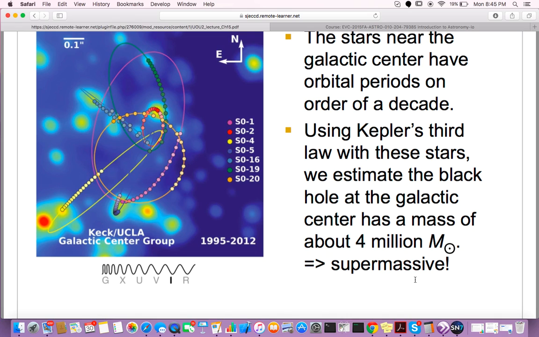According to Newton's law of gravitation, and in fact with the extension to Einstein's general theory of relativity, this mass cannot be lying around without collapsing into a black hole, since there are no forces in the universe that can prevent the collapse. So eventually, all these 4 million solar masses are there, and we see the effect of it in the motion of these stars that you can see in this picture right here. All these dots represent positions of stars that have been observed. So the only possible explanation is a black hole.